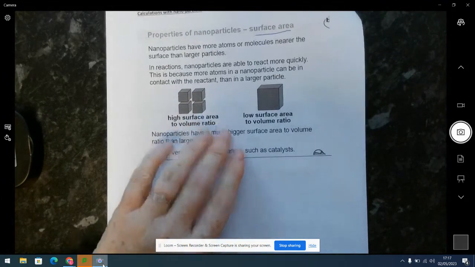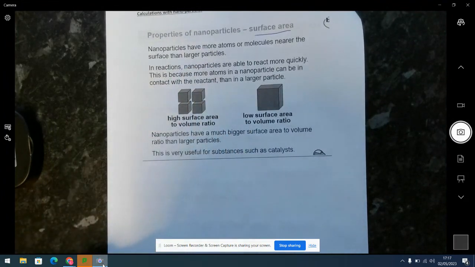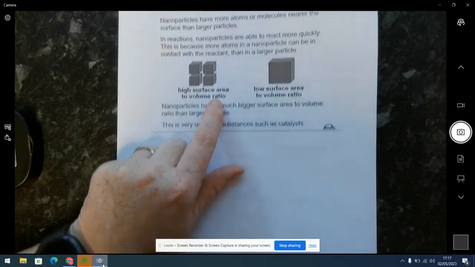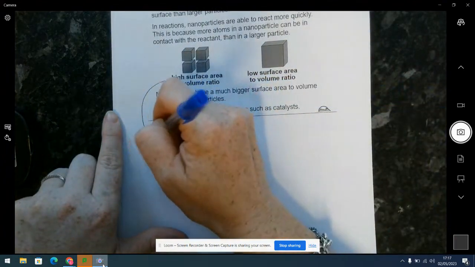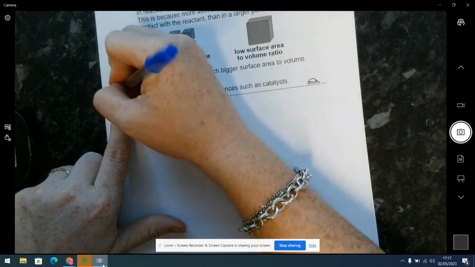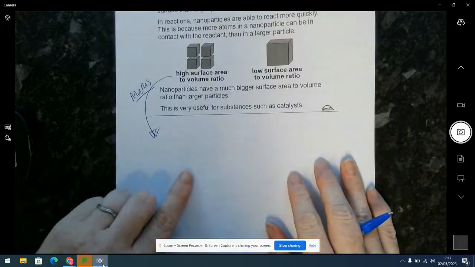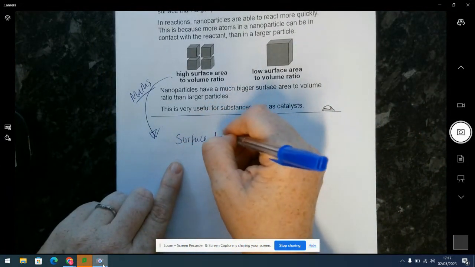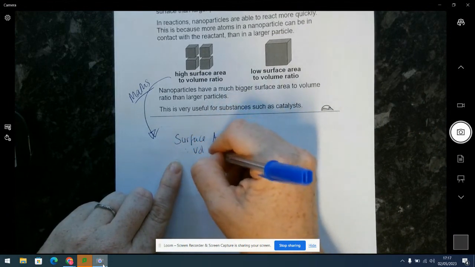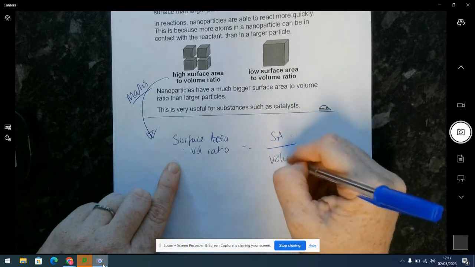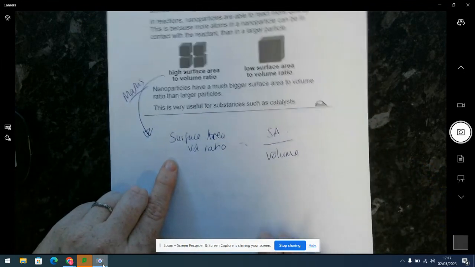So you can see from the diagram, nanoparticles react more quickly because they've got a high surface area to volume ratio. So we need to be able to calculate surface area to volume ratio, and you need to know this calculation. This is where your maths comes in, because I know you do this in maths. So surface area to volume ratio is essentially the surface area divided by the volume. And we'll go through some examples of this on the next page.